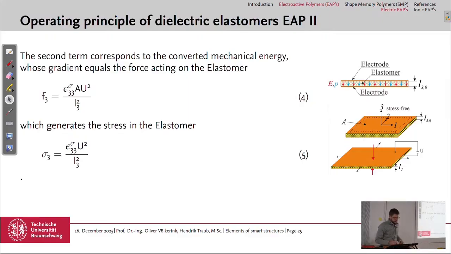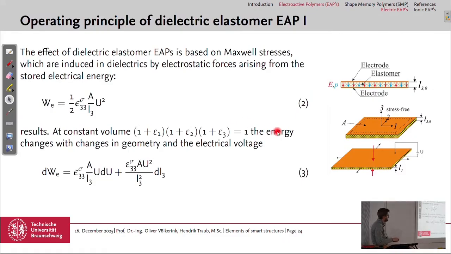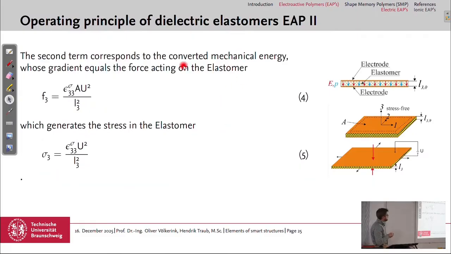So the second term here in the change in the stored electrical energy corresponds to the converted mechanical energy, and this equals the force acting on the elastomer, and this also generates the stress in the elastomer.